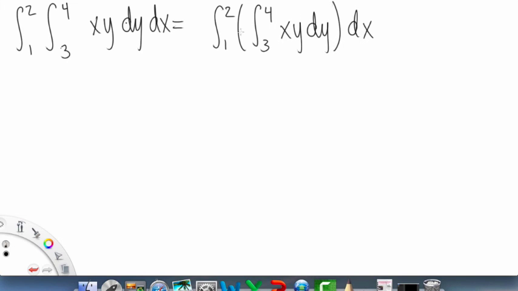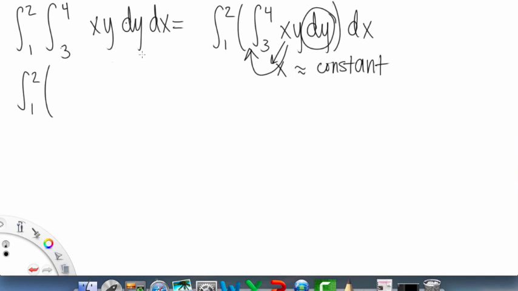Ignoring everything outside of the parentheses, since we're integrating with respect to dy, we treat all x's as constants. Whenever you have a constant, you can bring it outside of the integral, in front. So I'm going to bring x outside, and then we have the integral from 3 to 4 of y dy, close parentheses, and the dx is just floating outside there.